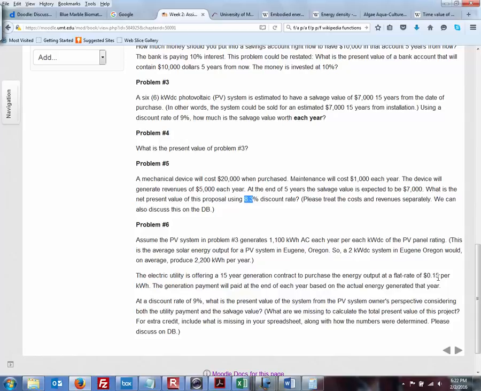In this case, you'll have to go back and say, okay, 15 cents per kilowatt hour, how many kilowatt hours did it make? Just turn dollars per kilowatt hour and kilowatt hours into dollars. That'll be your annuity.